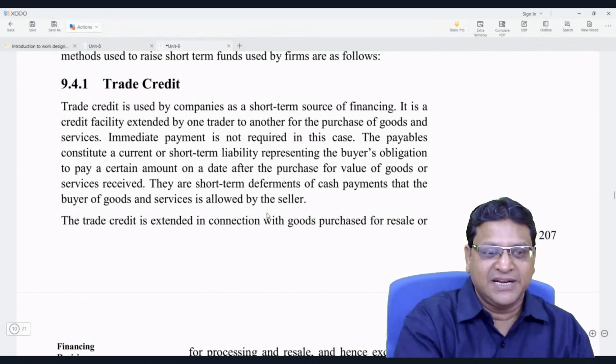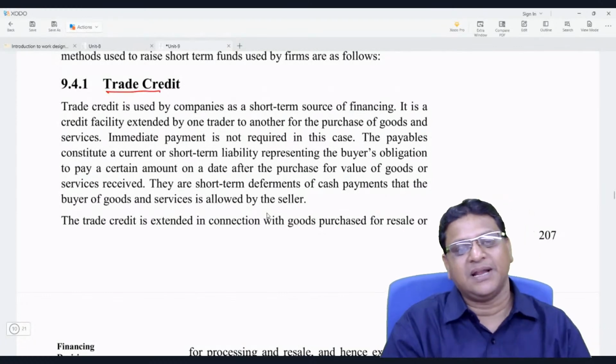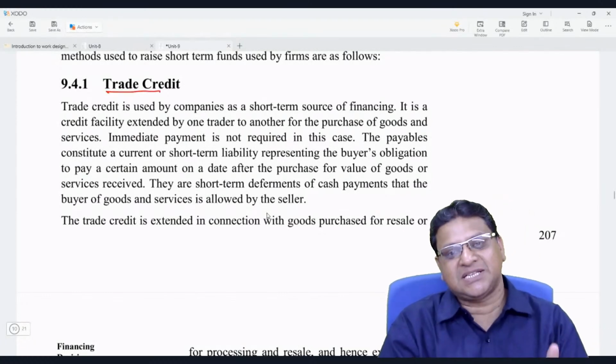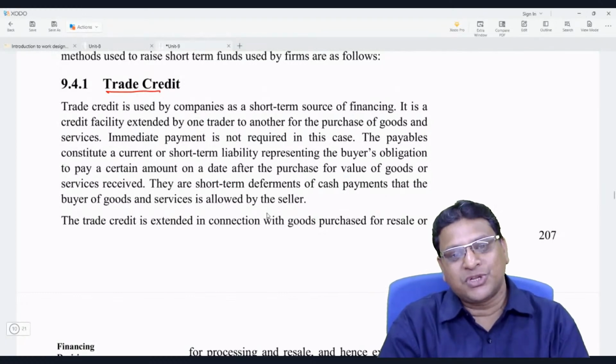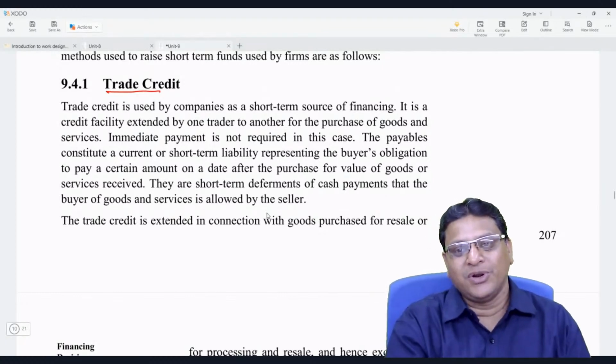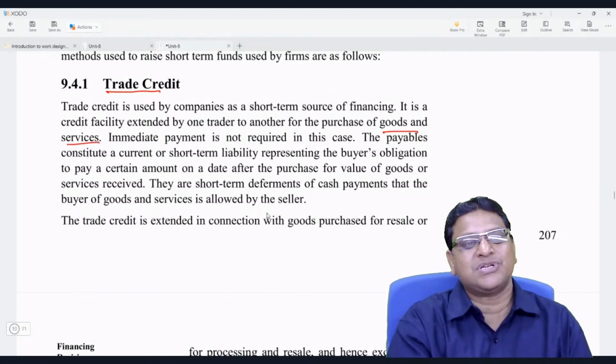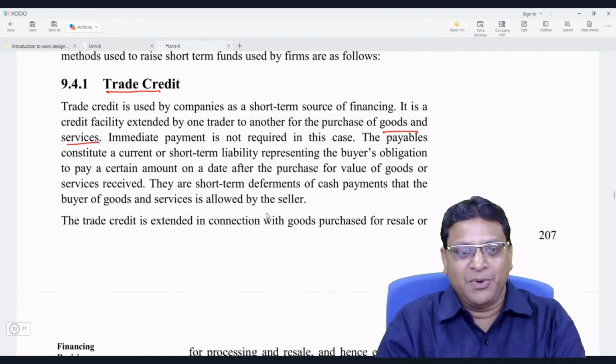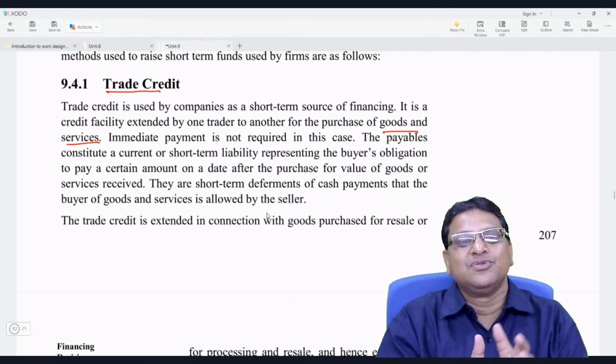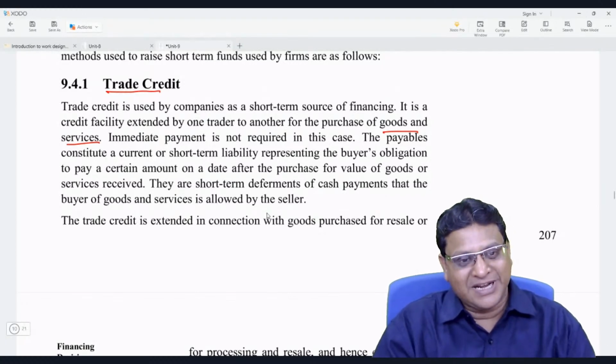What is trade credit? Generally, we know that in business, we purchase goods on credit. Goods and services, if you are practically in a business, you generally buy the goods on credit.